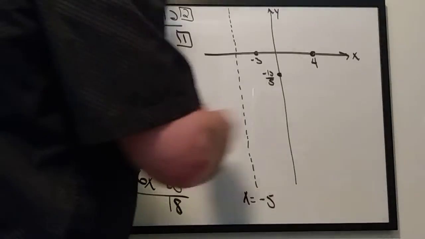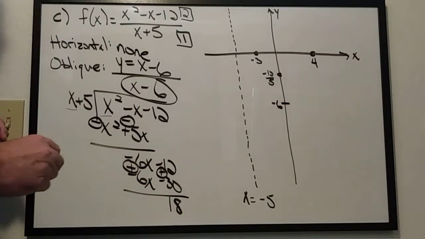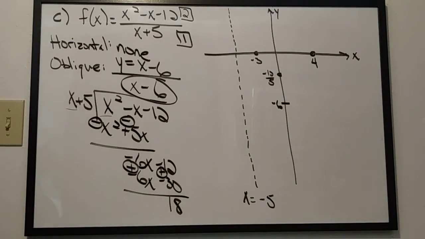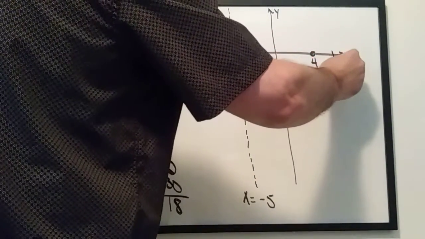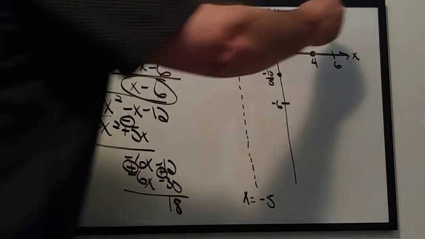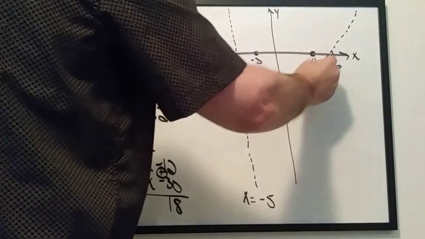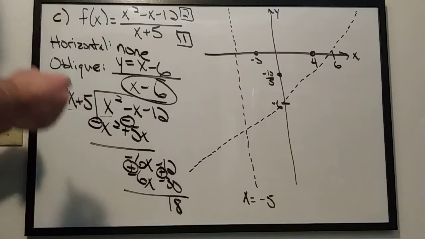So I'm going to come down here to negative 6 on the y-axis, and if I have a slope of 1, that ultimately is going to tell me that we're going to have to go through positive 6 on the x-axis. So I'm going to go through both of those tick marks. So let's go ahead and put a dashed line that goes through both of those values.